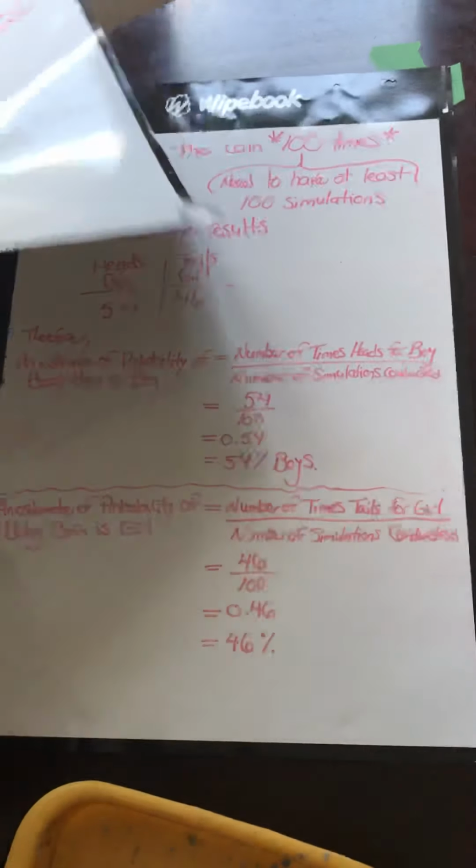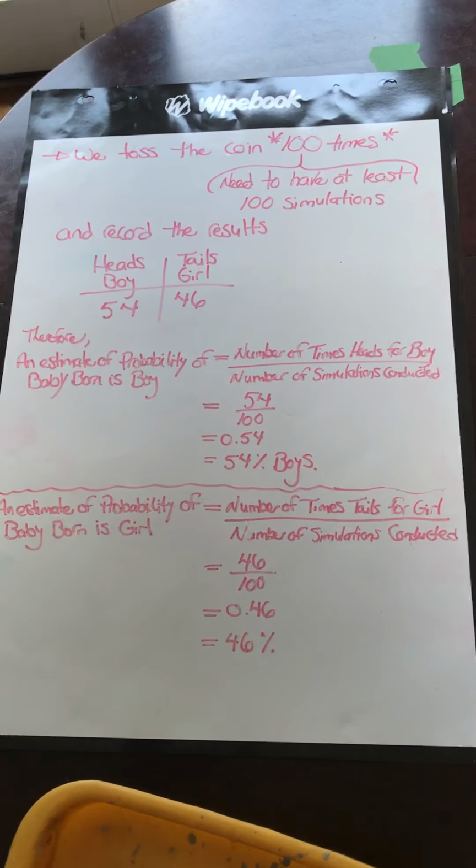We want to toss the coin 100 times, and we need to have at least 100 simulations to have enough trials. So we record the results, and heads or a boy appears 54 times, and tails or a girl 46 times.